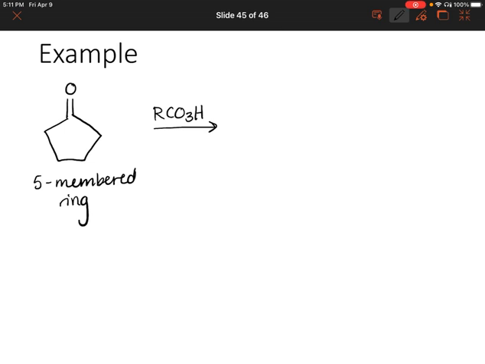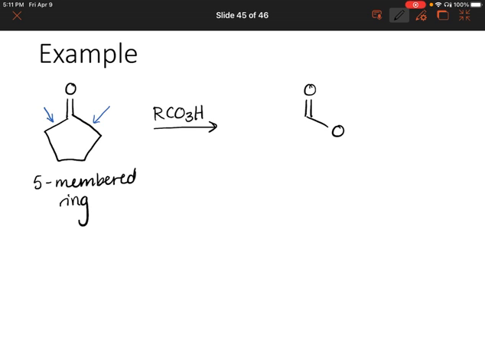Remember, an oxygen is going to insert itself on either the right-hand or left-hand side. Looking at our starting material, it's symmetrical, so it doesn't matter which side it adds to. So let's just say it adds to the right-hand side.